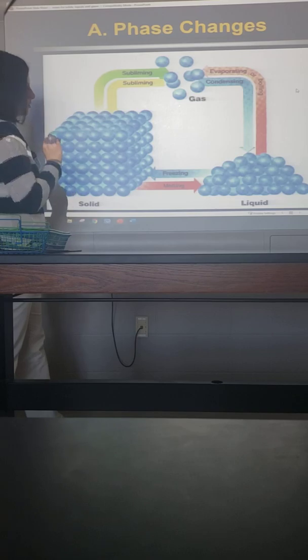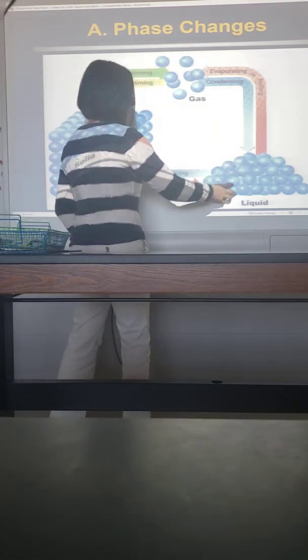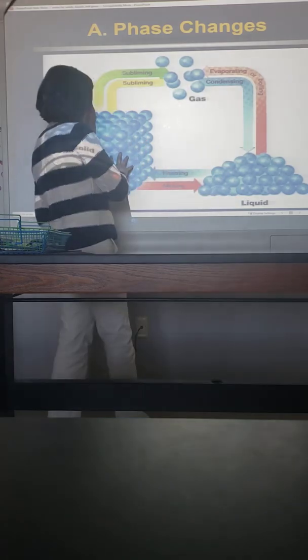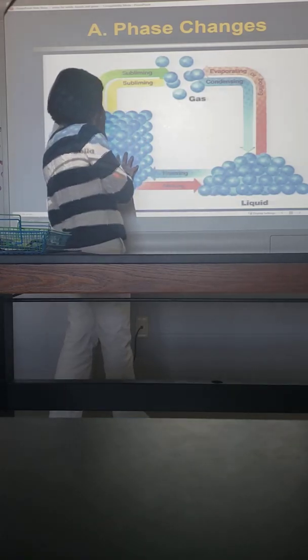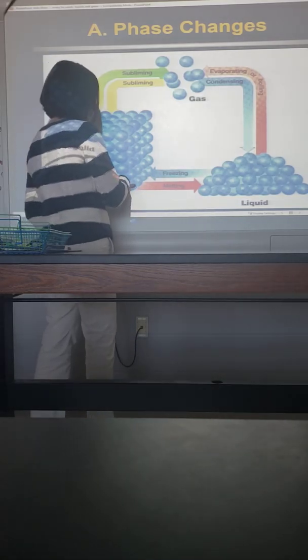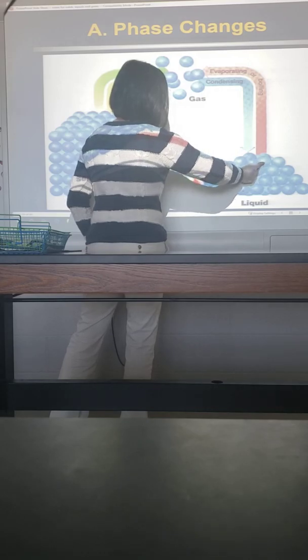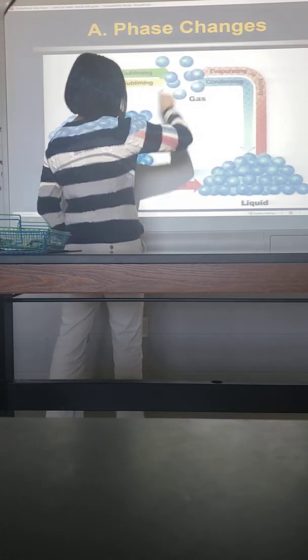So one more picture, I guess. Here we see our solids. Here we see our liquids, where they're tightly packed, but not as rigid and stiff and tightly as the solids. And then you see the gas version. So obviously going from the solid to the liquid is melting. From the liquid to the gas is evaporating.